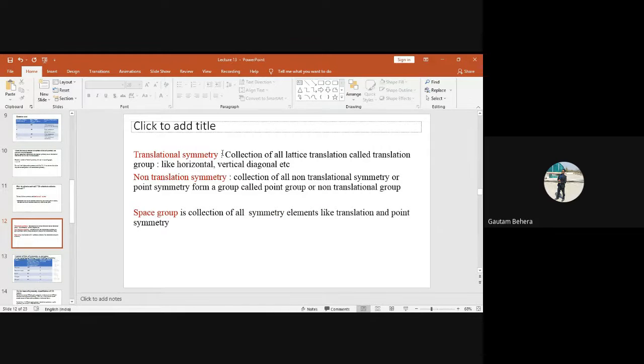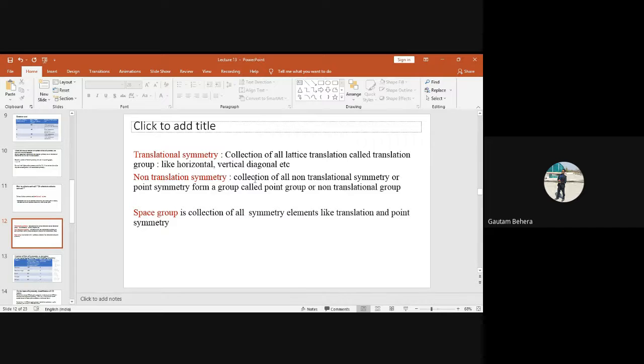Now, translational symmetry. The collection of all lattice translations is called the translational group. What is the translational group? The collection of all lattice translations. It may be horizontal, vertical, diagonal, right? Now, non-translational symmetry: the collection of all non-translational symmetry or point symmetry forms a group called the point group, or non-translational group.